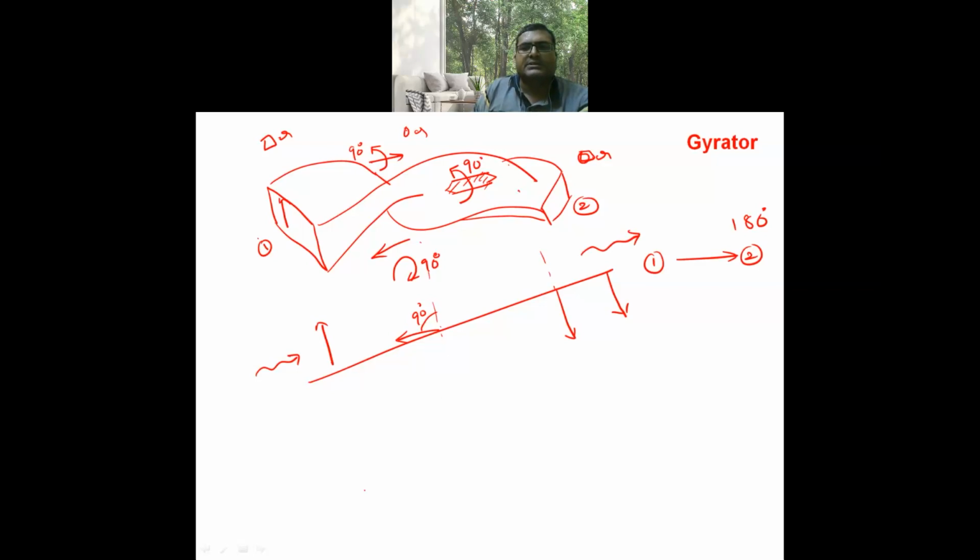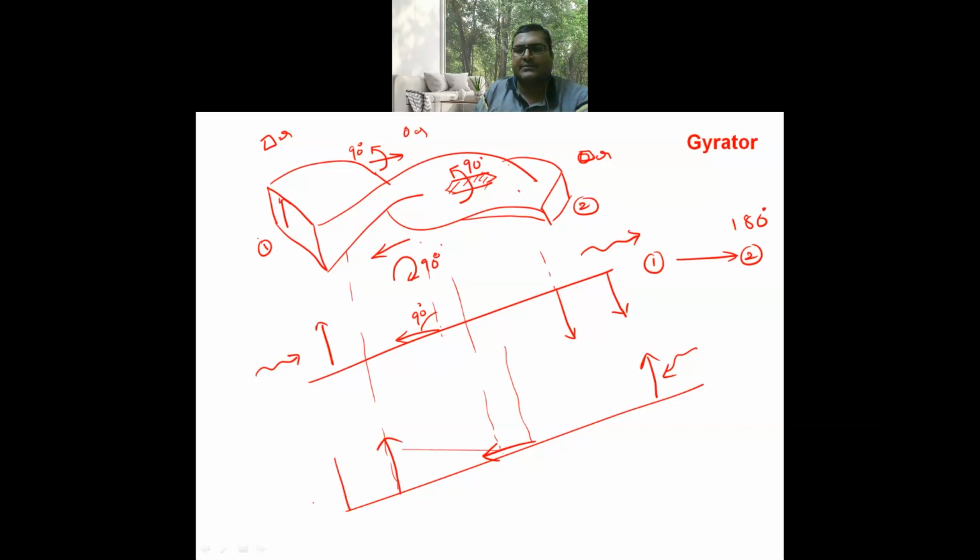In this fashion, you will get the 180 degrees phase shift from port 1 to port 2. Now, you can verify from port 2 to port 1, this particular device offers 0 degrees phase shift. Now it is the initial polarization at port 2, and there is no change in direction of rotation for ferrite rod. Ferrite rod offers a rotation in anti-clockwise direction. So after crossing the ferrite rod, it is 90 degrees rotated in anti-clockwise direction, and after crossing the twist, rotation is in opposite direction, so it re-rotates the signal to its original position.